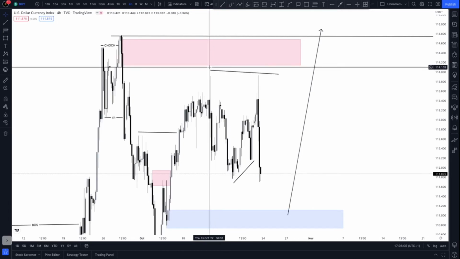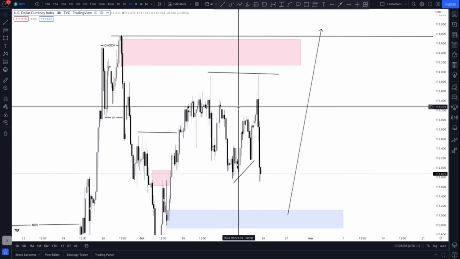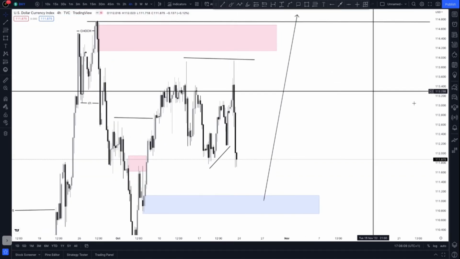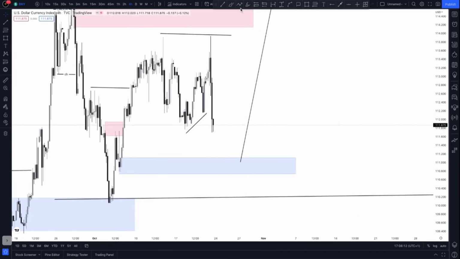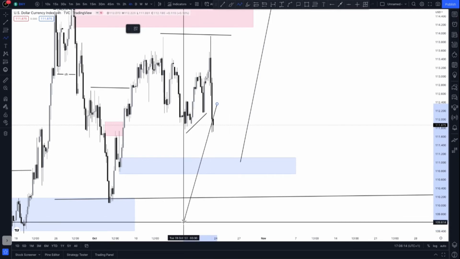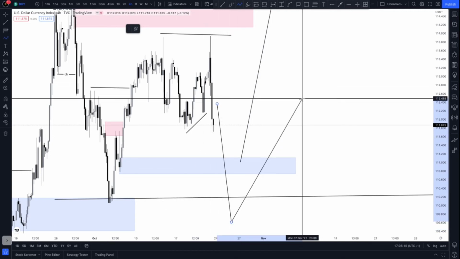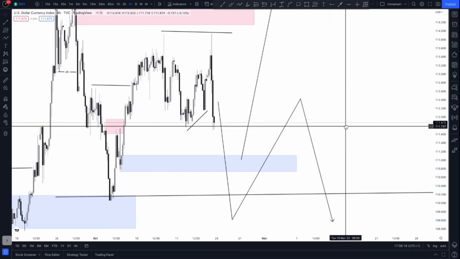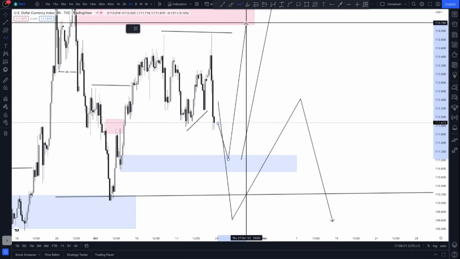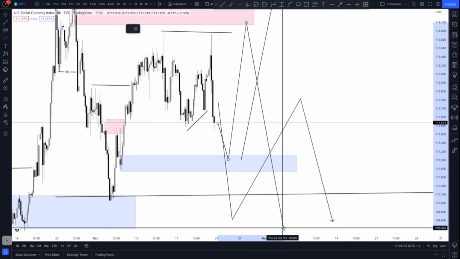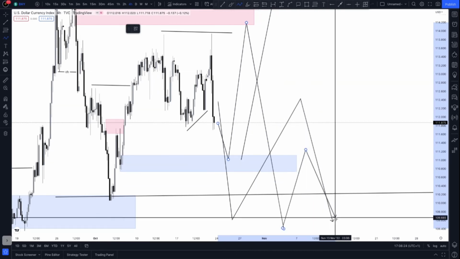Although the market hasn't mitigated the supply zone, which indicates that if we are going to look for sell opportunities, either the market takes out this low, then we have some sort of retracement and push to the downside, or the market comes back here, pushes up, takes out the liquidity at that point, and also continues this push to the downside.